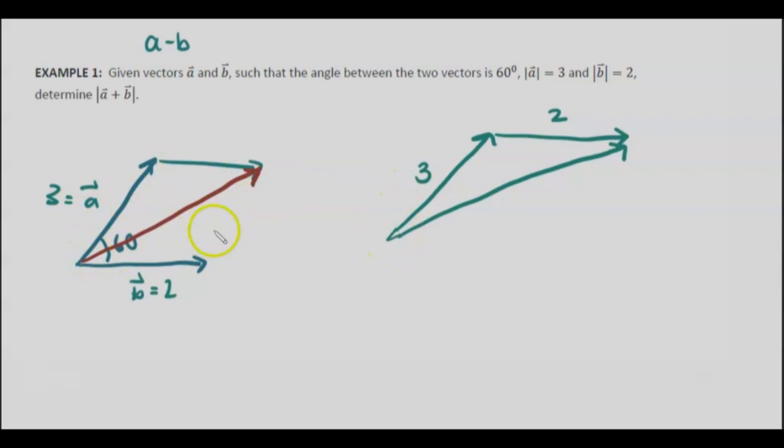Say we finish this parallelogram. In a parallelogram, I don't believe the diagonals actually bisect the angles, so this is not necessarily 30-30. If we draw this resultant, we're going to need to find this angle. Or even better, we're actually going to solve for this angle.